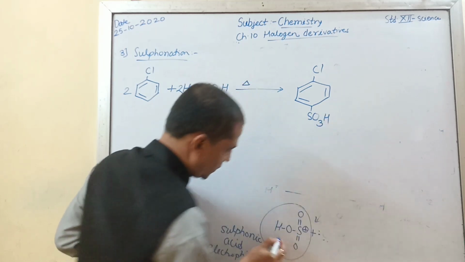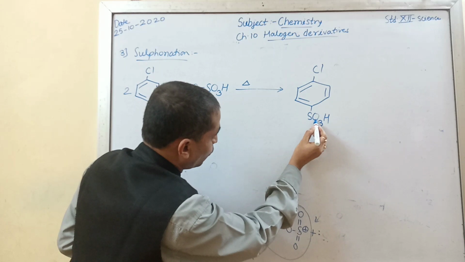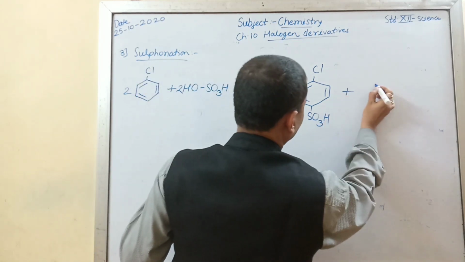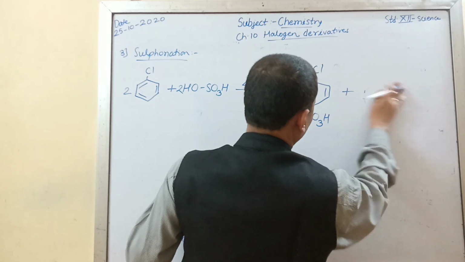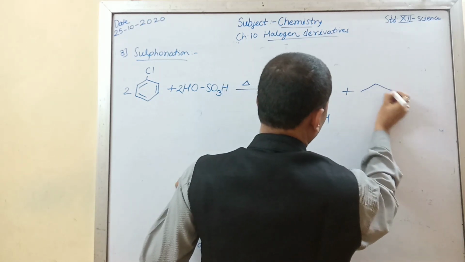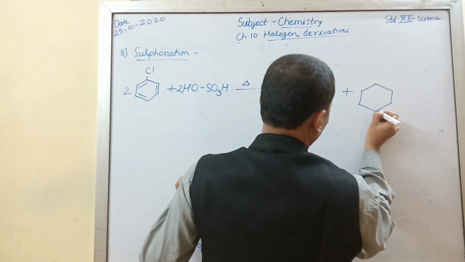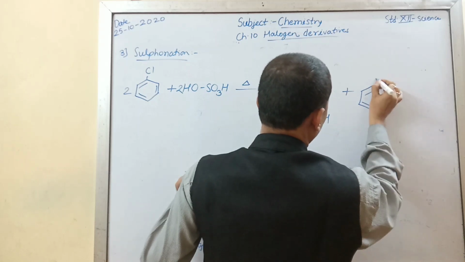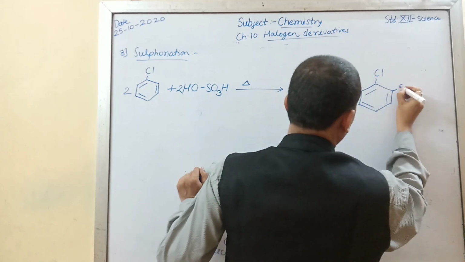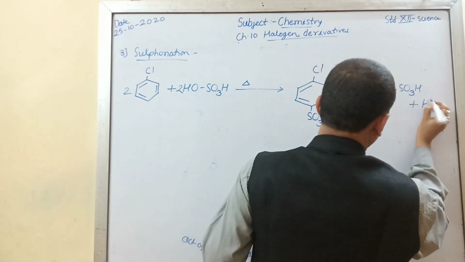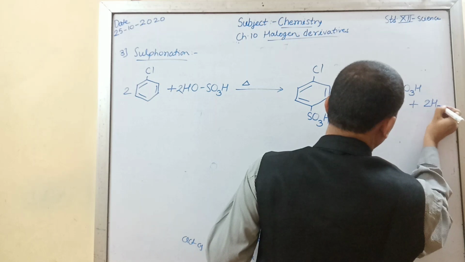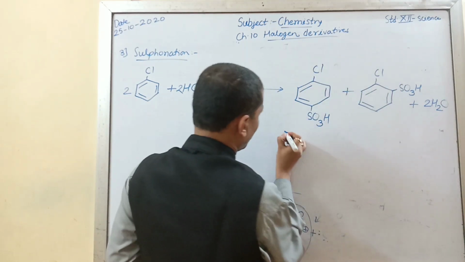SO3H, this is written as SO3H plus SO3H plus 2 molecules of H2O. That we understood. This is called as what?